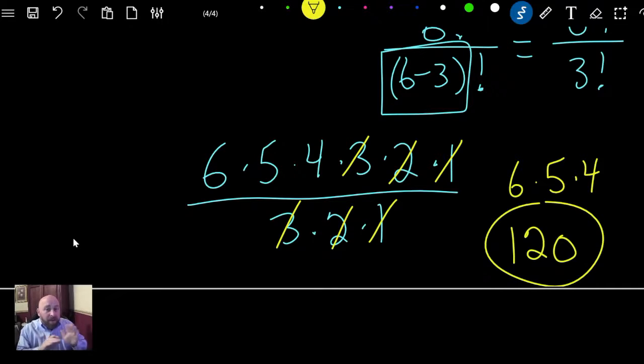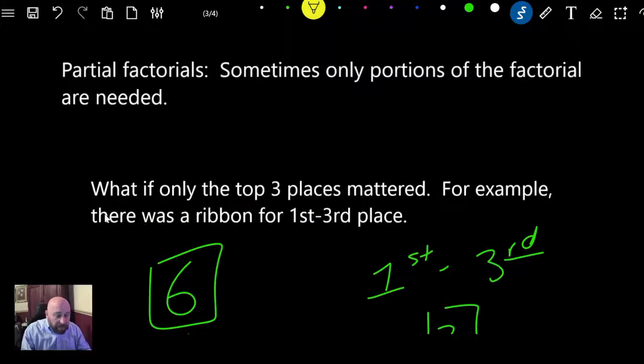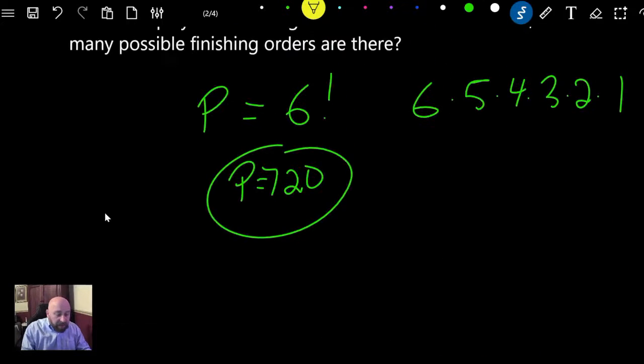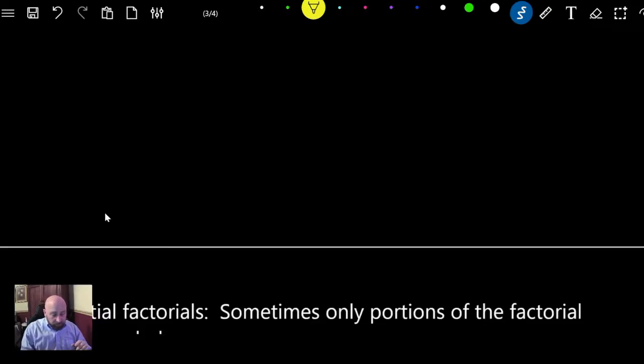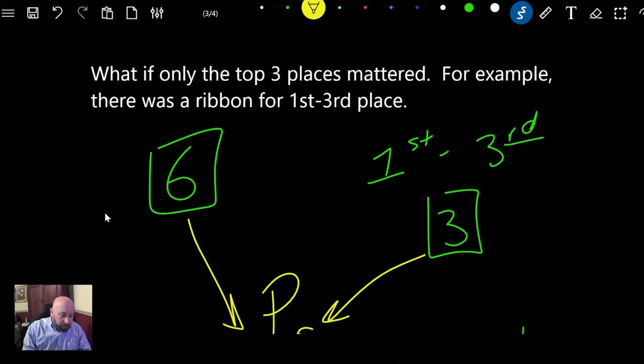Okay? Because now we're only worried about first, second, third place. We're not worried about everything. All right, back when it was 6 people running, right, we had a bigger number than that because we had 6 people running and we had 720 different possibilities that they could come in first through sixth. But now we're only worried about the first 3 places that matter.